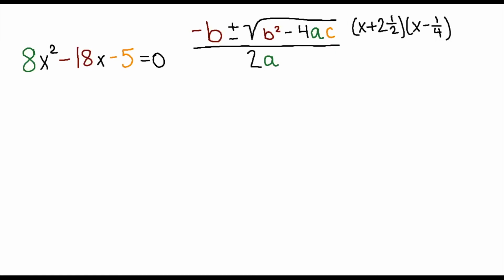So we're going to look for the factors of our number in our C space and our A space, because we need them to work together to find our B.